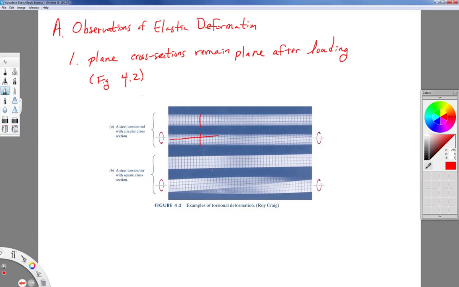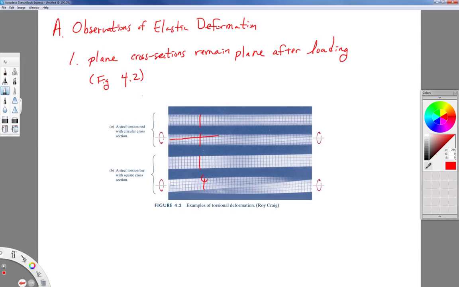In contrast, for bars that have non-circular cross-sections, you can have some warping. And so here's a bar that has a square cross-section on the bottom. Before it's loaded, these cross-section planes are straight up and down. But after it's loaded, notice that it kind of hooks over. Try to exaggerate that a little bit.